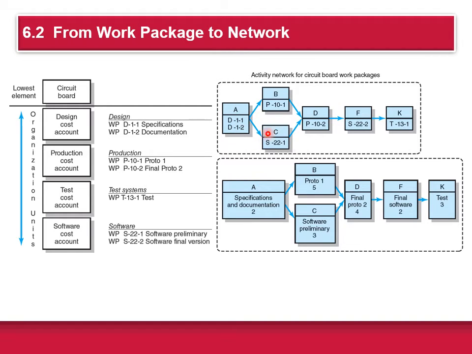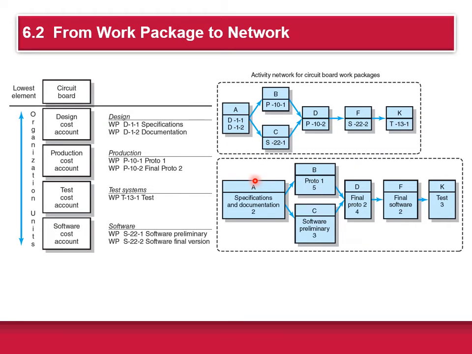This is what starts as the AON network that we will be developing. Continuing on, there are 2 paths you can go: A, B, D, E, K, or A, C, D, F, K, right?